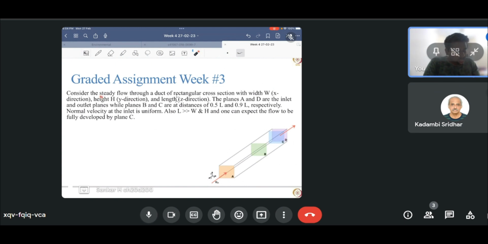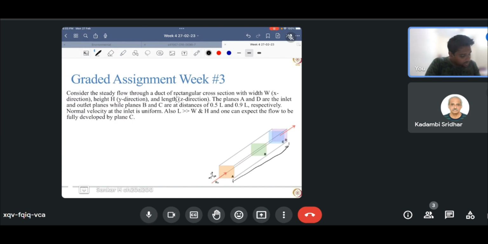So let us consider the steady flow of a fluid through a duct of rectangular cross section with width W, height h, and length L. And we say that the planes A and B are at length 0 and L distance apart. I'll just mark that over here.